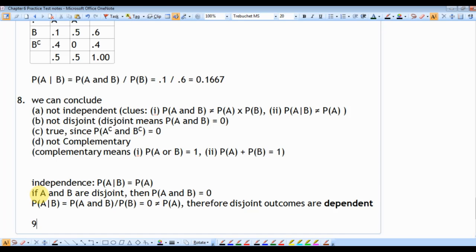Okay, number 9. Experience shows that a certain lie detector will show a positive reading 10% of the time if the person is telling the truth. Pay attention to that part. And it will also indicate a positive reading 95% of the time if the person's lying.